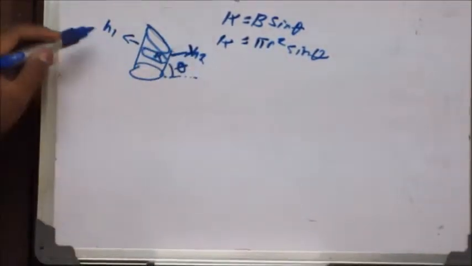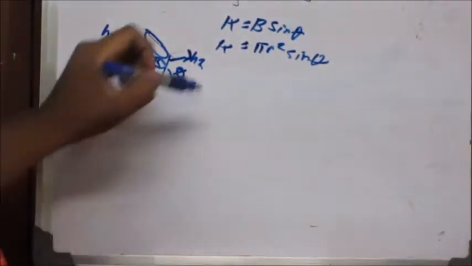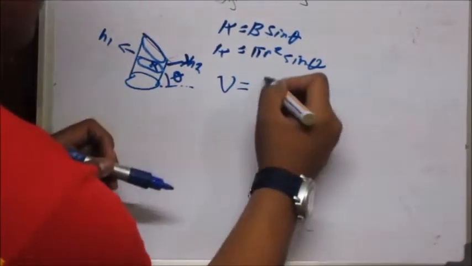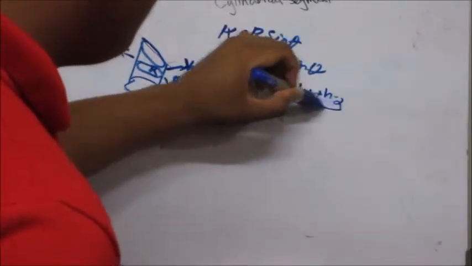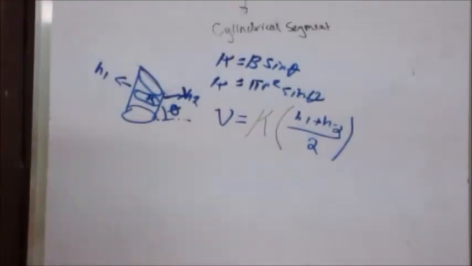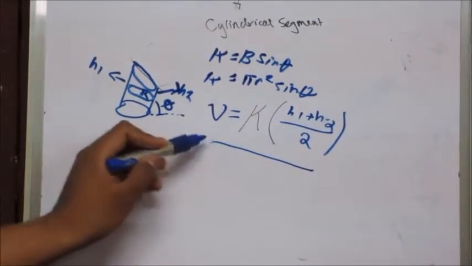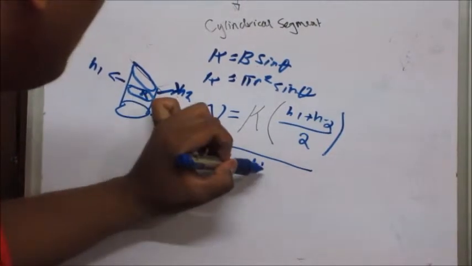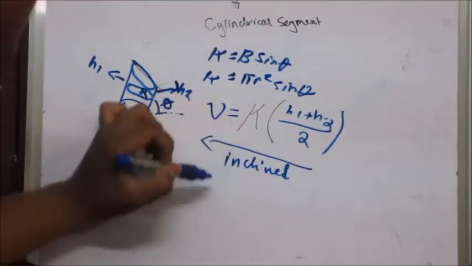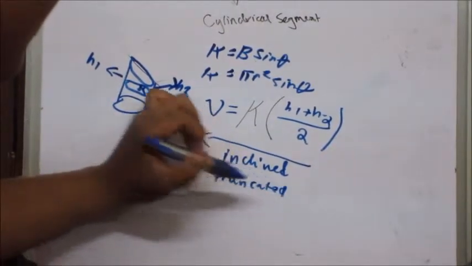Having the K and the measures of the shorter and longer height, substitute this in the formula V is equal to K times the average height. This is only applicable for inclined truncated cylinder.